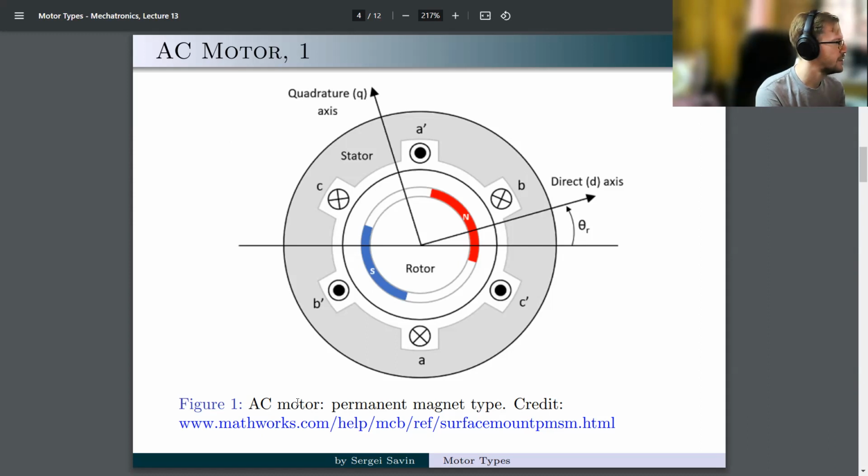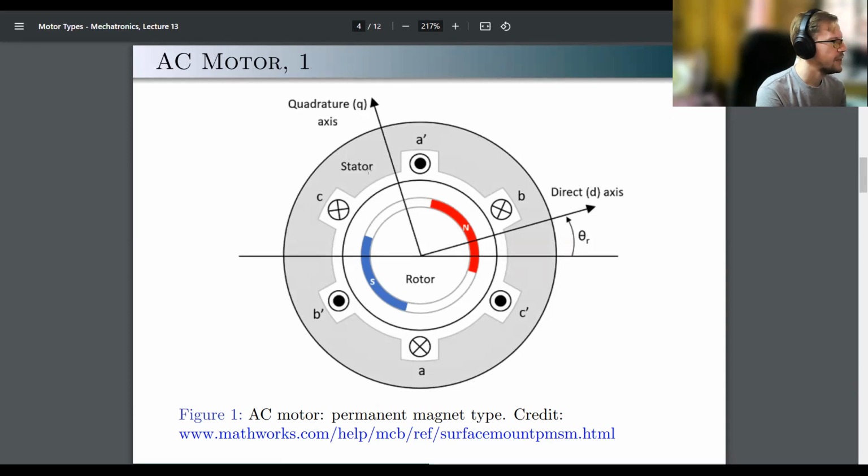In this picture, this part, this tooth that is drawn, you can think of as a coil. Additionally, it has those two wires.